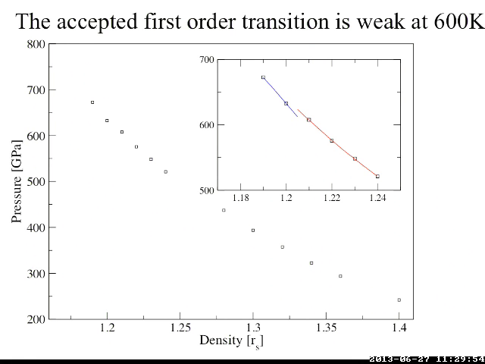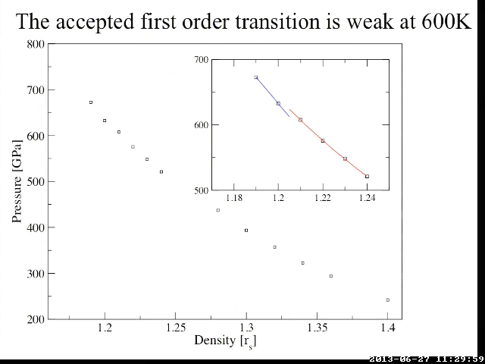You should see it as a plateau in the density versus pressure, and instead you see only a minor difference here that suggests there may be a plateau in between.